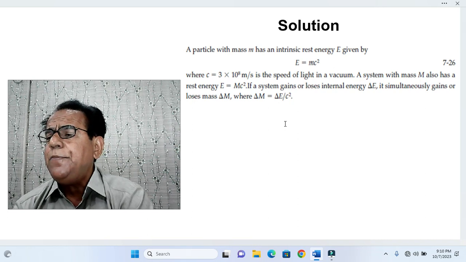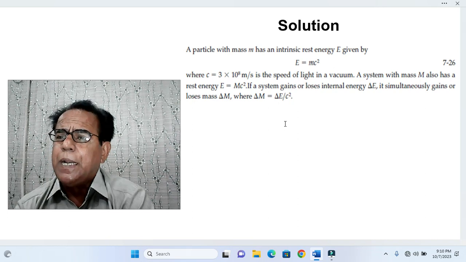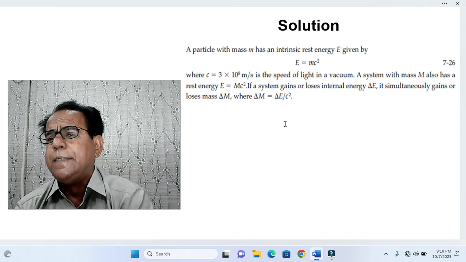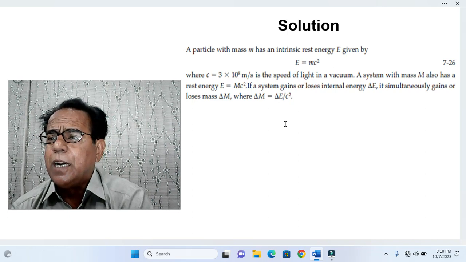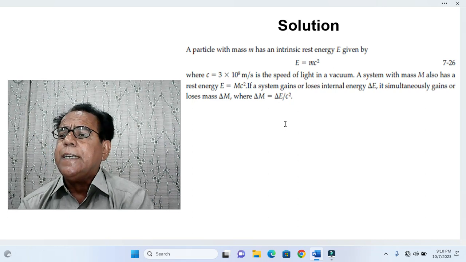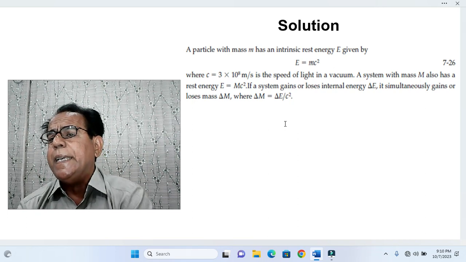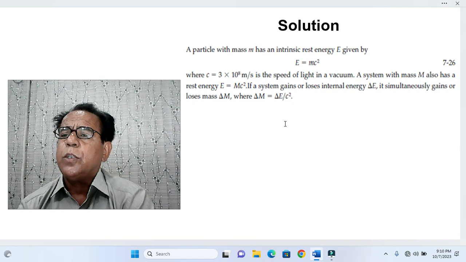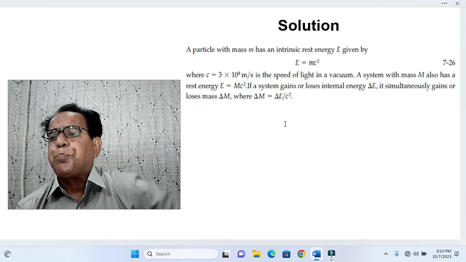A system with mass capital M also has a rest energy equal to capital M C square. If a system gains or loses internal energy delta E, it simultaneously gains or loses mass delta M, where delta M is equal to delta E over C square.